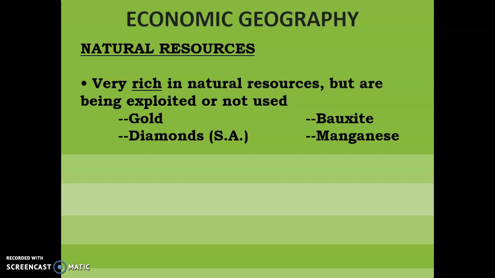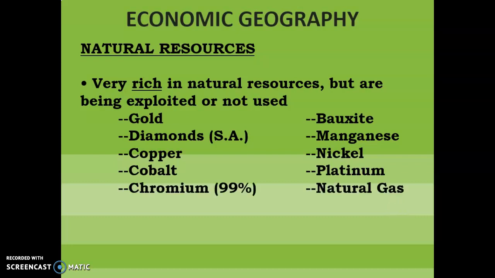There are some other areas as well, but South Africa is one of them. Manganese, which is used for fireworks or dynamite because it's explosive, or it's flammable. Copper and nickel, so a lot of minerals. Cobalt and platinum. Chromium, 99% of the world's chromium is found in Africa.